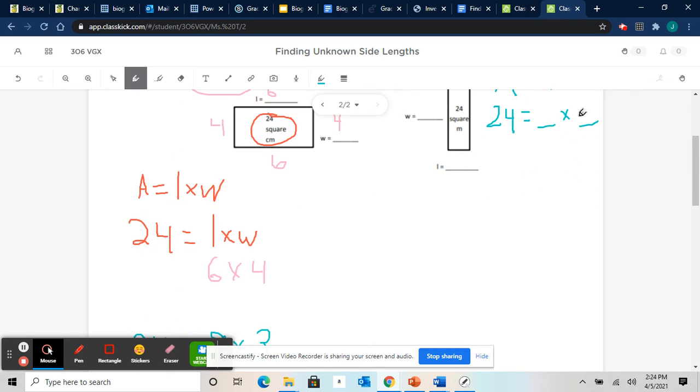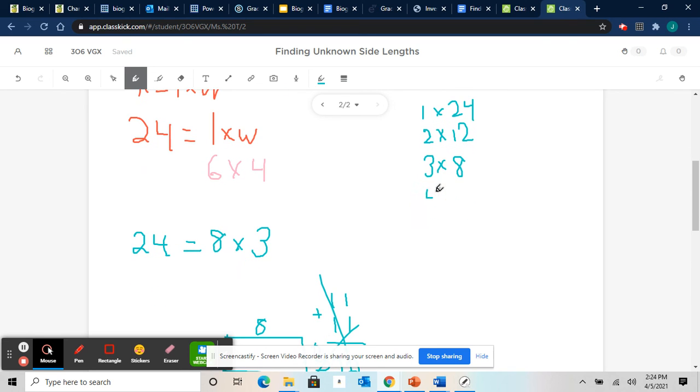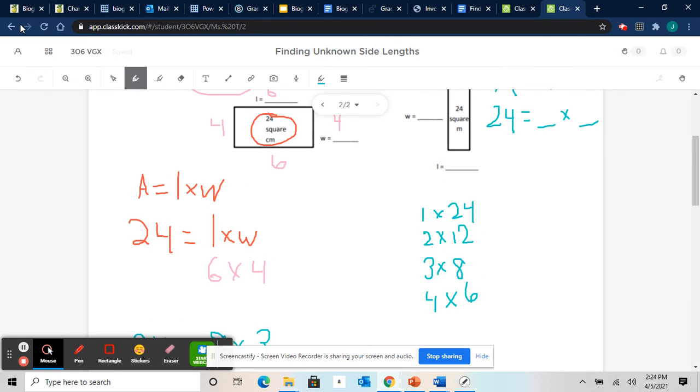Let's just think of all the factors that equal 24. So I know that 1 times 24 gives me 24. 2 times 12 gives me 24. 3 times 8 gives me 24. 4 times 6 gives me 24, right? These are all my factor sets.